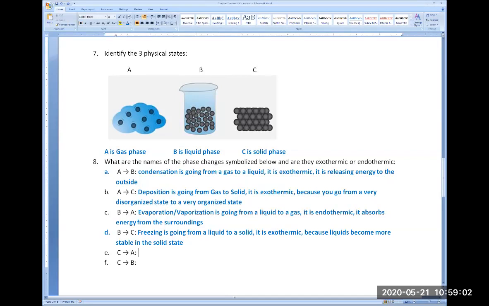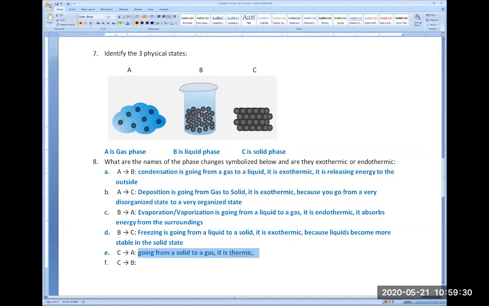Okay, so from C to A. C to A is going from a solid to a gas. So tell me, what is the name of that phase change going from a solid to a gas?